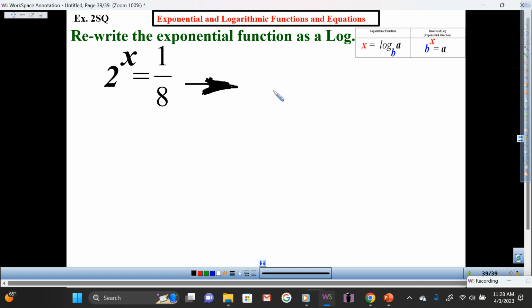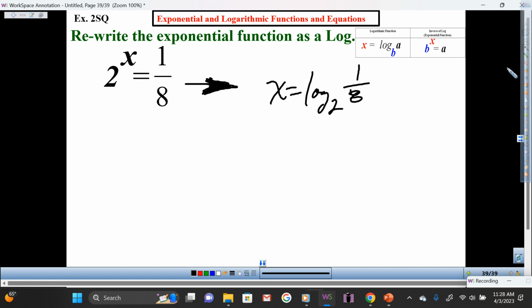What did you get for this one, Dulce? Log 2 to get 1/8. Hands up if you got that. All right, I think we got it. So for the first part of the home plate, they're going to ask you to write logs into exponential or an exponential into log from 1 to 5. 5, 5, 5. Okay.